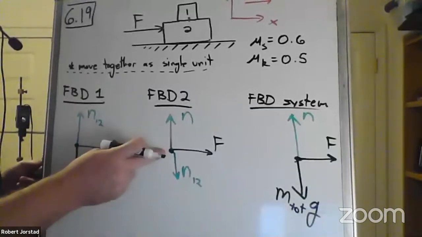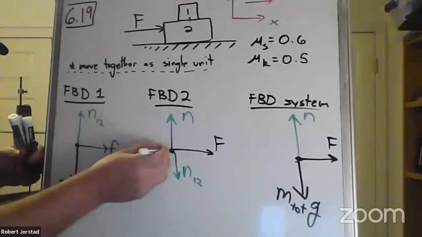How about this one? Did we get it all? That one has friction to the left. Friction to the left. And also there's friction between the blocks, but between the floor?